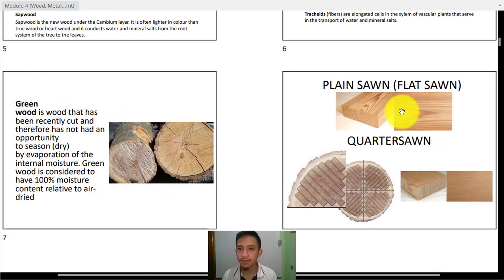And then these are the types of sawing. If you are going to cut the cross section directly, that will serve as a chord. If it's a circle cross section and you cut that straight from the very top to the other side of the circle, then that is a plain saw.